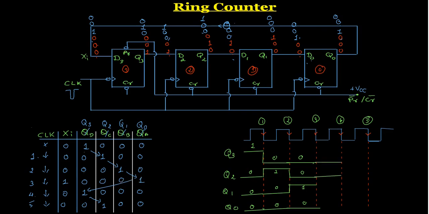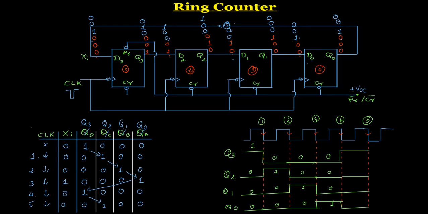Q2 is also 0, Q1 becomes 0 and Q0 is going to be high. What is the fourth clock pulse? At the fourth negative edge, Q3 becomes 1 and Q2, Q1, Q0 are 0.